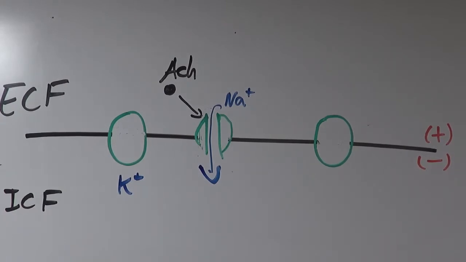When sodium starts moving into the cell, we have to pay attention to concentration gradients of sodium and potassium on both sides. Sodium is a positively charged ion, or a cation. So as sodium is influxing into the intracellular fluid and out of the extracellular fluid, we now have this charge right here, the ECF, start to become slightly more negative, while this charge here starts to become slightly more positive.